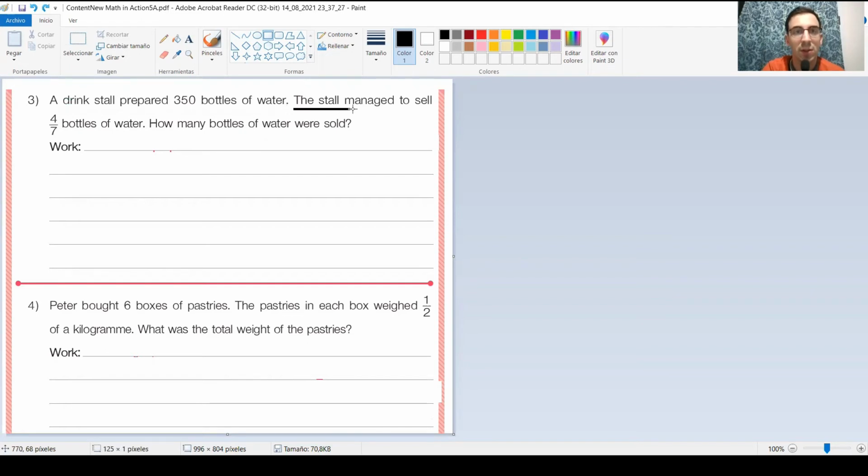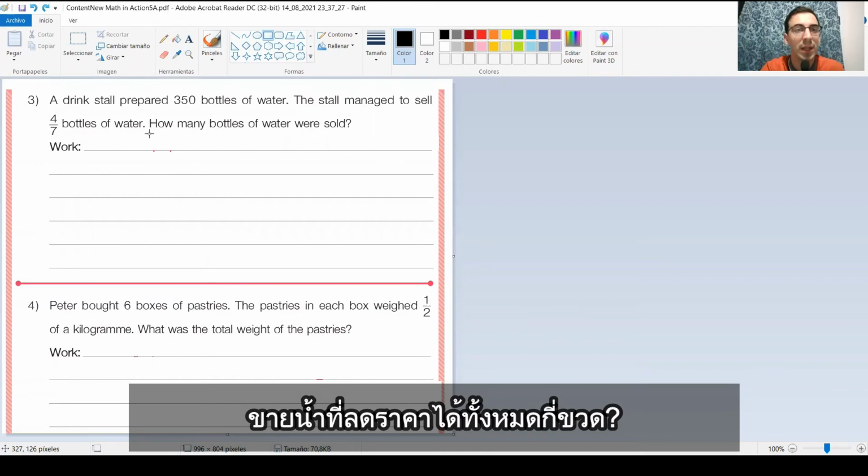Perfect. Now the stall managed to sell 4/7 of the bottles of water. Okay, so they are going to sell 4/7 of the total of bottles of water they have prepared. So how many bottles of water were sold?